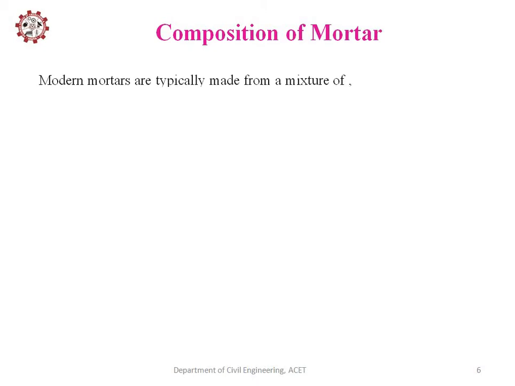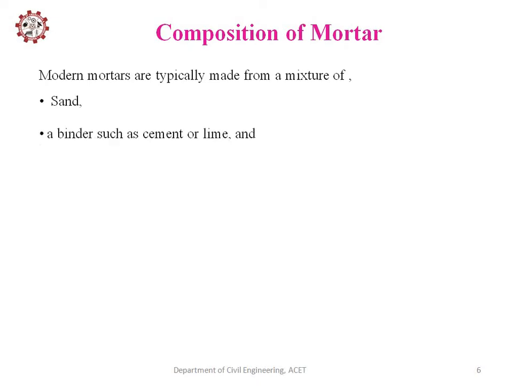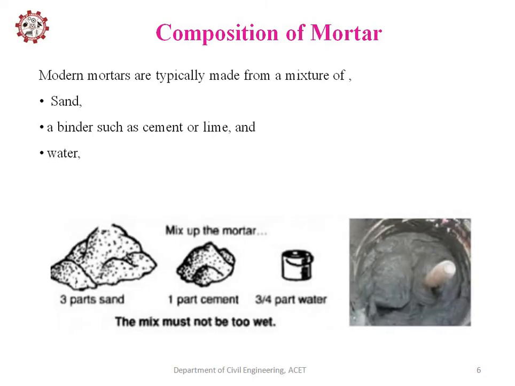Composition of mortar: modern mortars are typically made from a mixture of sand, a binder such as cement or lime, and water. You can see the mixture is of 3 parts sand, as I told you, 1 part cement, and 3/4 part water. You have to mix it well to form a mortar as given in the photograph.